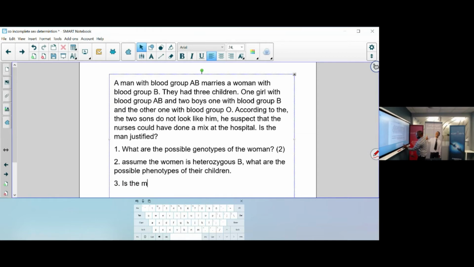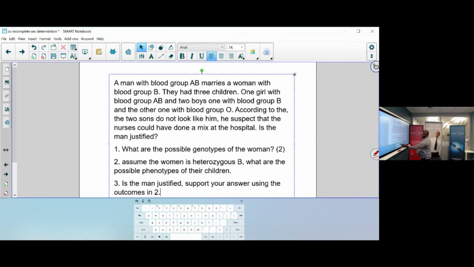Is the man right? You should support your answer. Support your answer using outcomes in two.